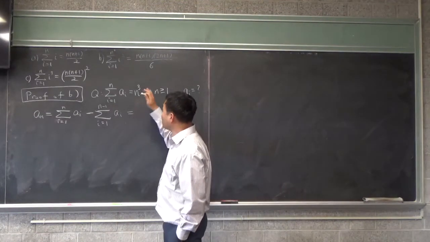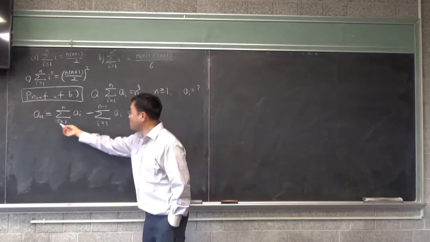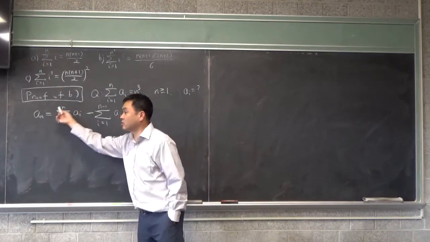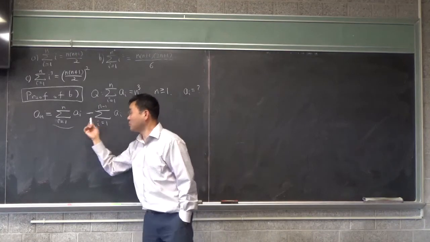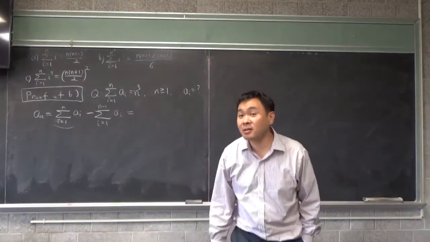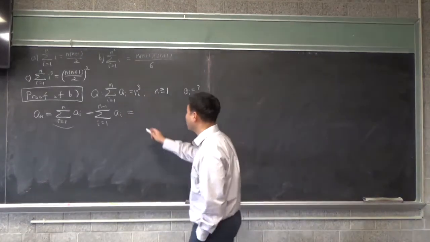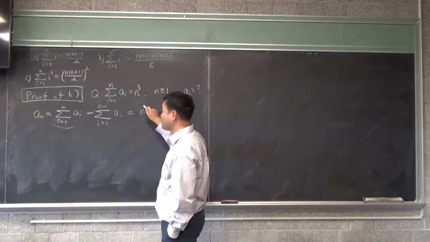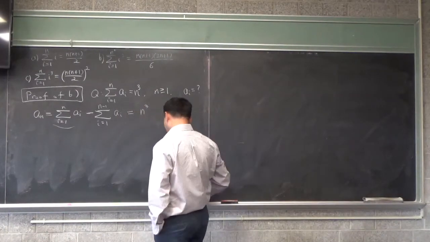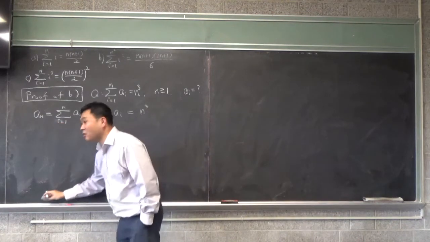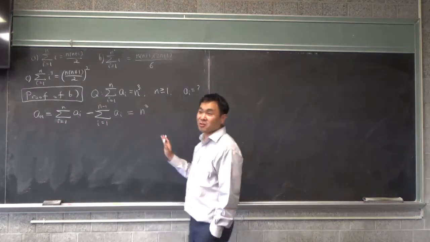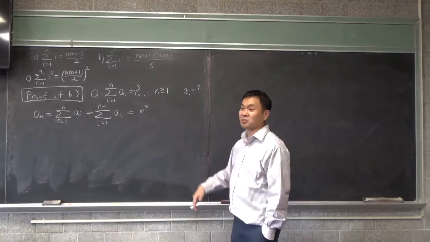Now, then we're going to use this given. So what is this equal to? What is this equal to? N to the third power. It's right there. I'm not asking for something hard. Every question that I'll be asking in this part will be something that you can figure out just by thinking.